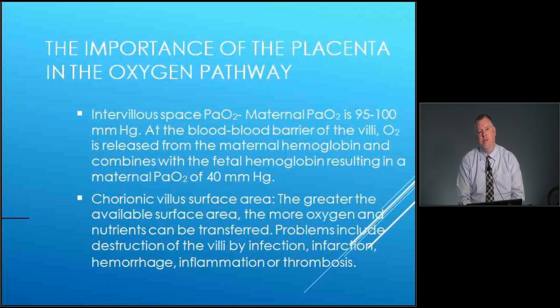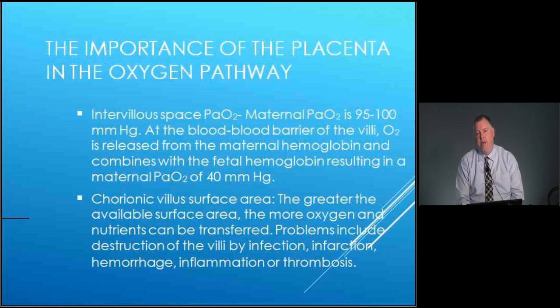So, the importance of the placenta in the oxygen pathway. The intervillous space PaO2, remember that's the pressure of oxygen. The maternal PaO2 is about 95 to 100 millimeters of mercury in the intervillous space.